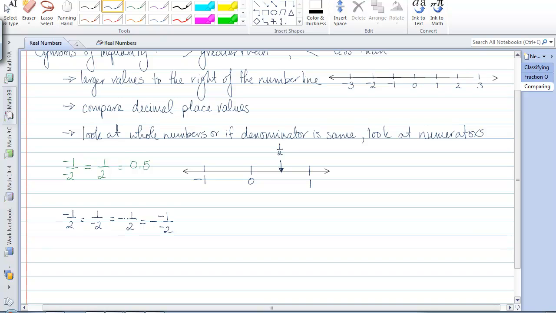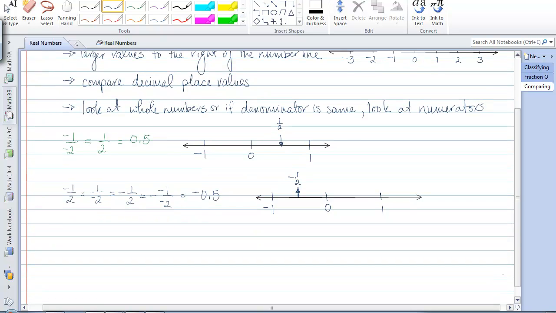And because it has 3 negatives, it's the same as just having 1 negative, equivalent decimal value being negative 0.5. So once again, let's take a look at our number line, and if we place 0 here, positive 1 here, negative 1 here, negative 1/2 will be between 0 and negative 1.